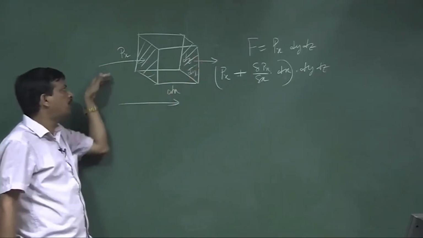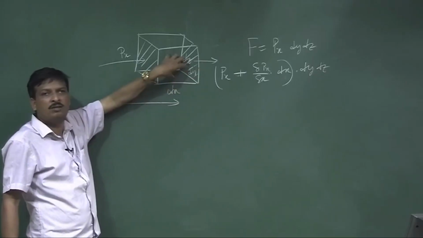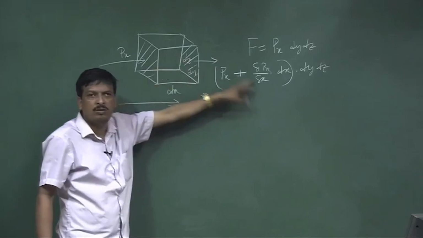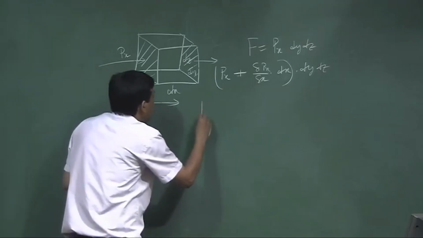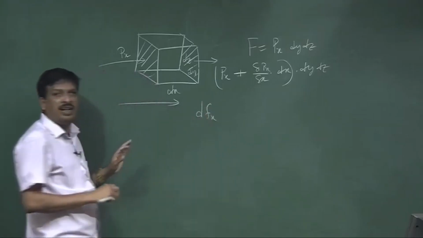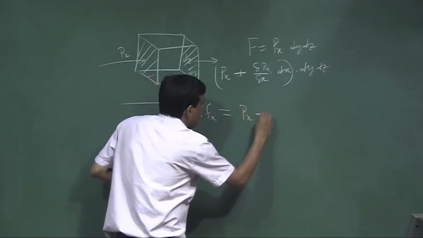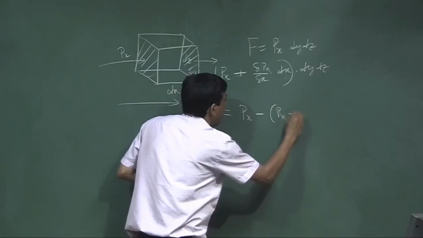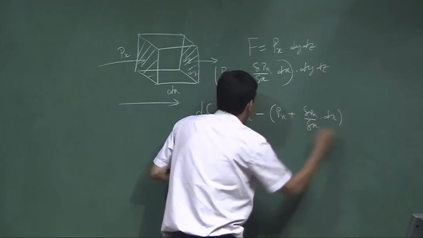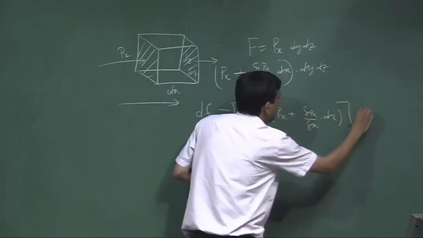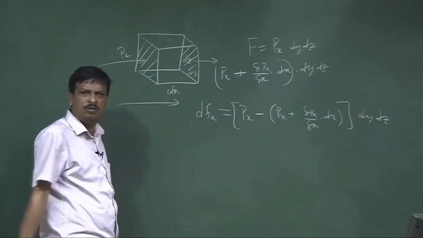If the direction of the force is this way, the net amount of force inside this volume will be this force minus this force. So, the net force dFx acting in the x direction is Px minus Px plus del Px by del x into dx, whole multiplied by dy dz, since area multiplied by pressure is the force.